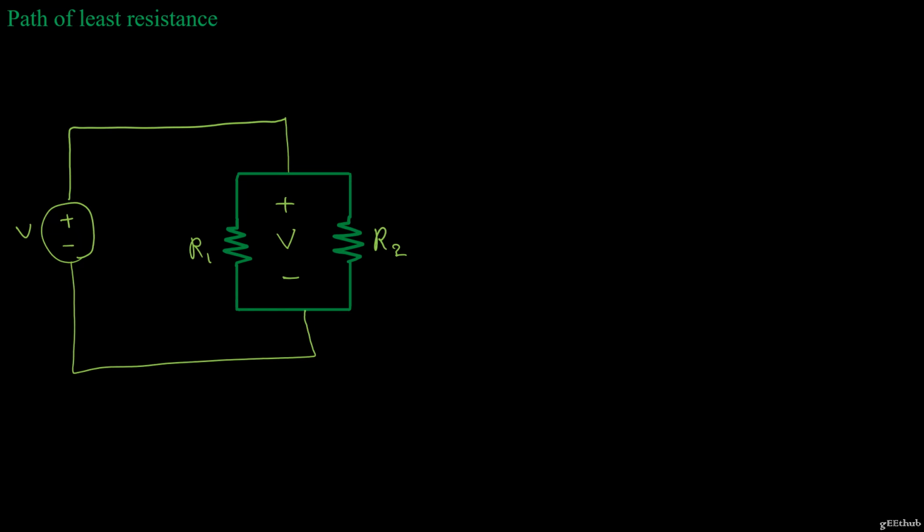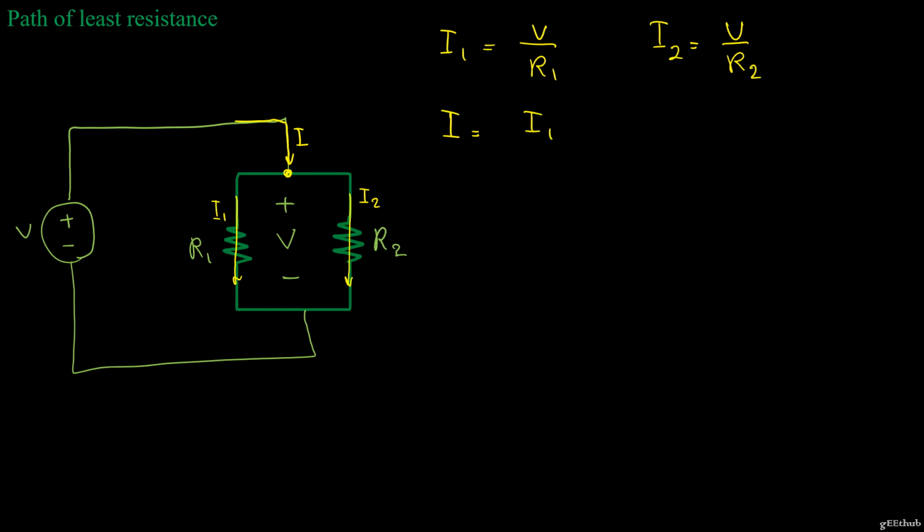So now there's going to be current going from positive to negative terminal, which I'll call I1 and I2. Using Ohm's law, I1 is equal to V over R1 and I2 is equal to V over R2. Looking at this node over here, since there's no charge being destroyed or generated, the current entering this node, which I'm calling I, must be the addition of these individual currents.